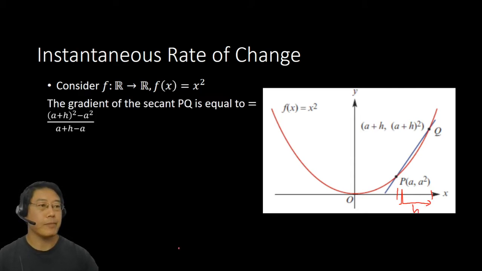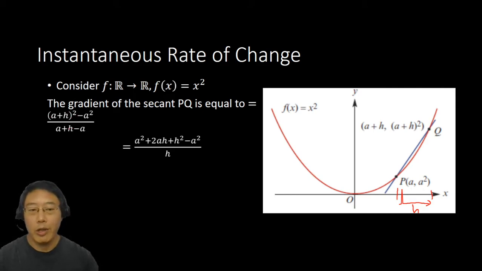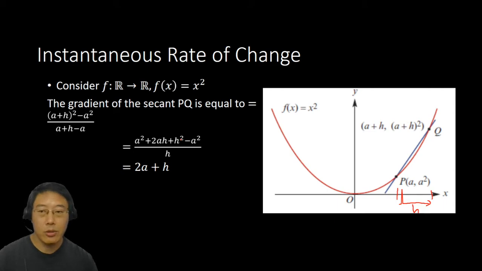Okay? So we determine the gradient, which is like this, the starting formula. We expand the brackets. We need to rearrange it and try to simplify it. So we expand the bracket, the a squared simplifies. We divide by h. As long as h is not equal to 0, we're allowed to.